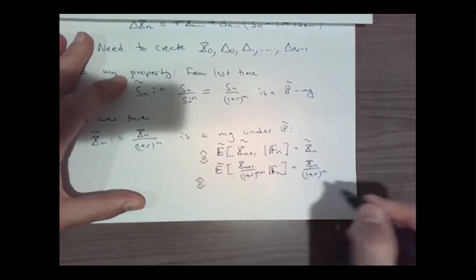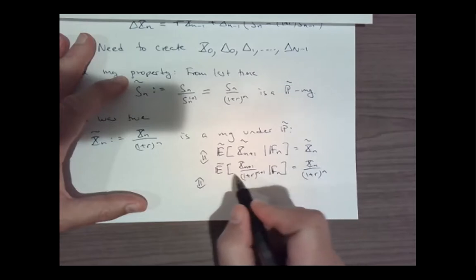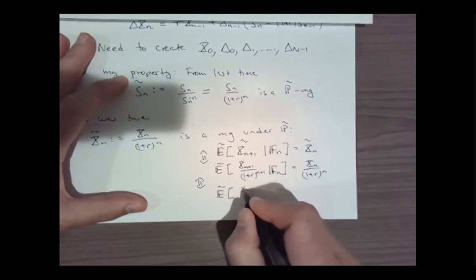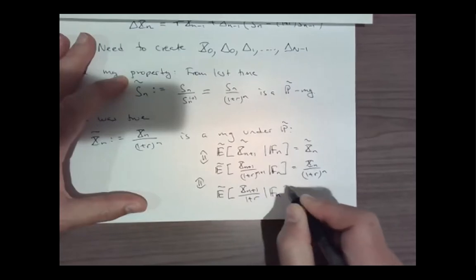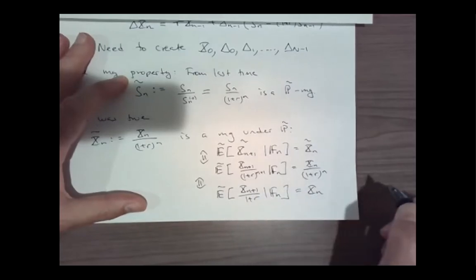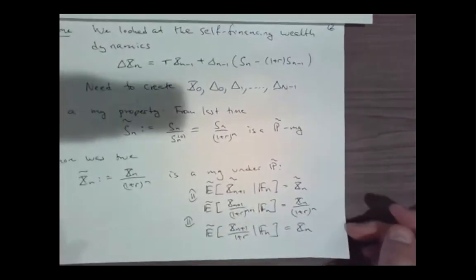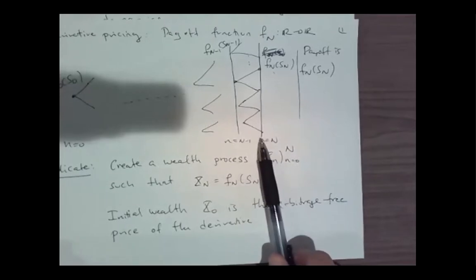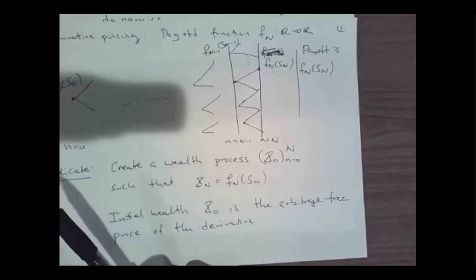So then I can pull some of this 1 over 1 plus r to the n outside and multiply through. So I'll get that xn plus 1 divided by 1 plus r conditional on Fn is exactly xn. And this is my rollback operator. This is the thing that would ultimately be used to go from time capital N to time capital N minus 1 to time capital N minus 2 and so forth.